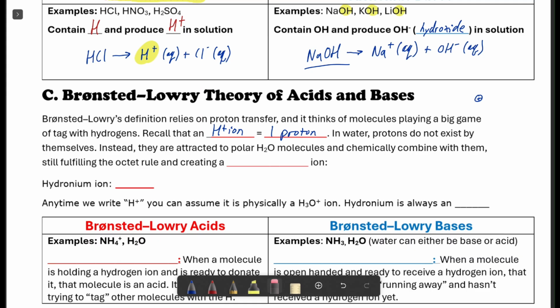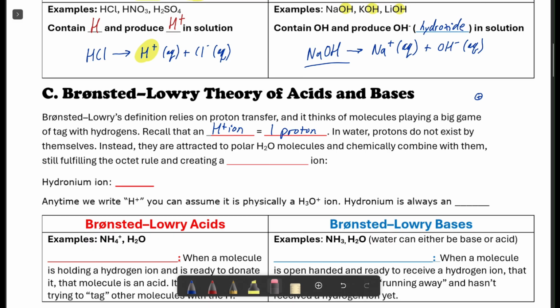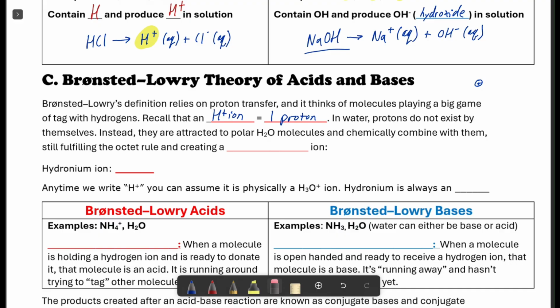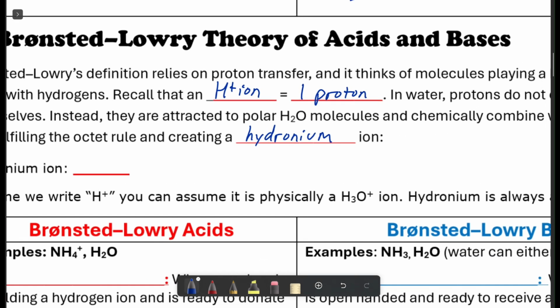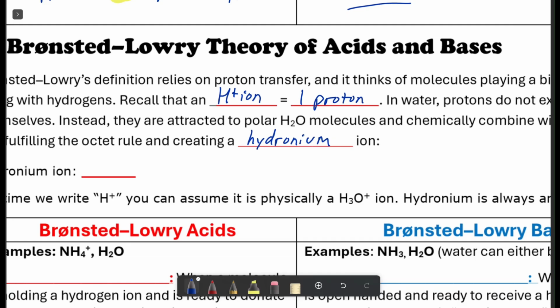In water, protons do not actually exist by themselves. You don't actually have an H+ just floating around by itself. Instead, they're attracted to the other H2O molecules. They're polar, and they combine with them, and they still fulfill the octet rule, but they create something called a hydronium ion. Everyone say hydronium.